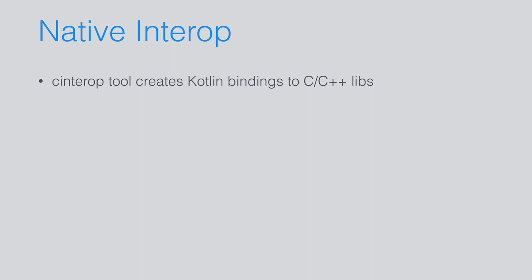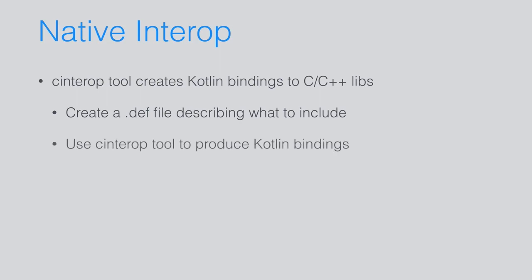So the C Interop tool is a command line tool that they've written that you run on def files. And so def files, which I'll show in a future slide, basically just describe what you want to include in your interop.